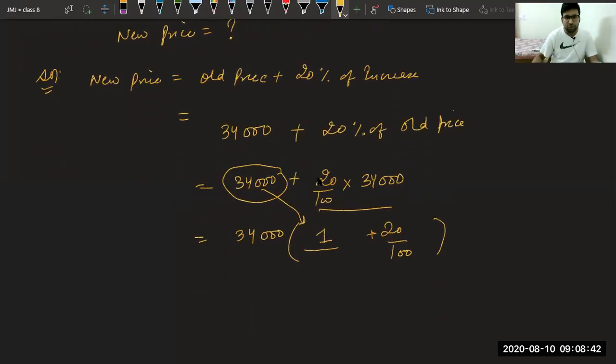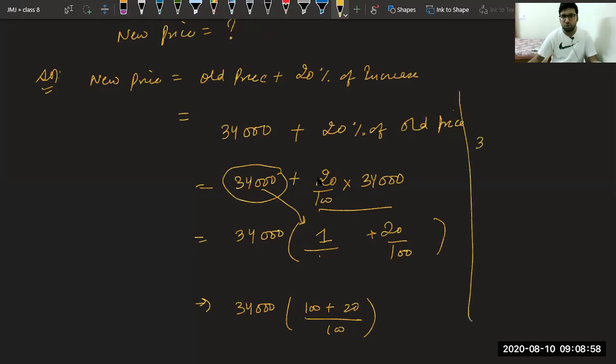It should be 34,000 into, let me take the LCM, 100 plus 20 upon 100. Finally, it will be 34,000 multiplied with 120 upon 100. I have told you these numbers 10, 100 are very special numbers. You have to be very careful with them.